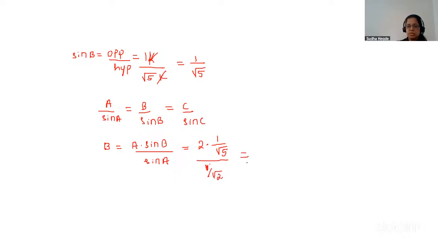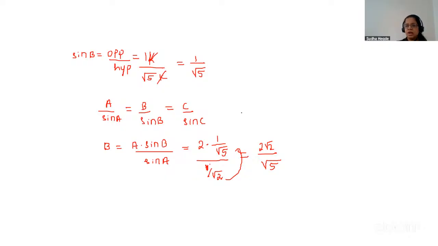So, this is equal to 2 root 2 divided by root 5. Denominator of the denominator goes to numerator, denominator root 5. Okay, it is 2 root 2 by root 5.